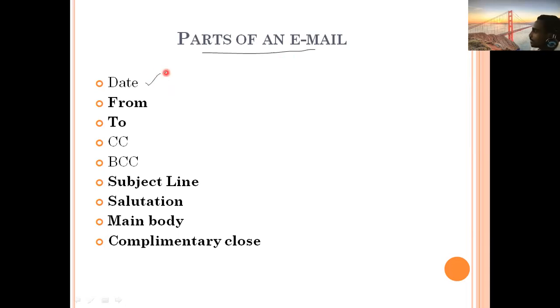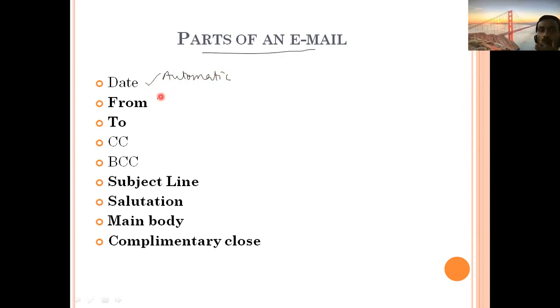Do we need to insert date in email? Yes, sir. But manually we need not write. It is automatic. A timestamp will be there: at what time you sent the email, at what time you received the email. That record will be kept by the internet. You need not think about the date.